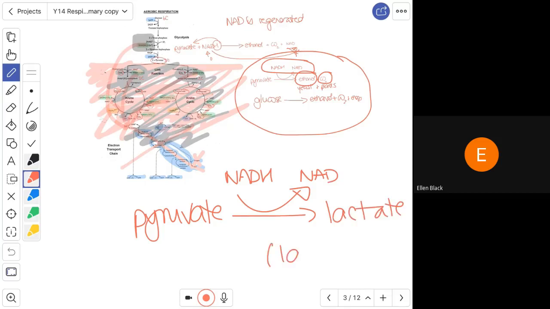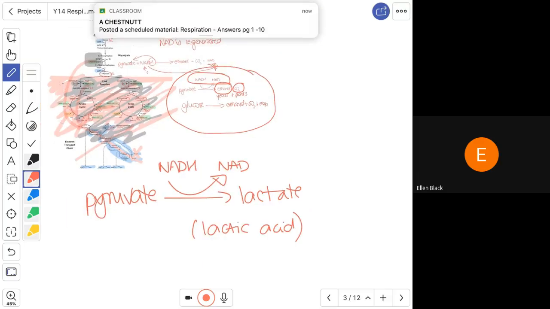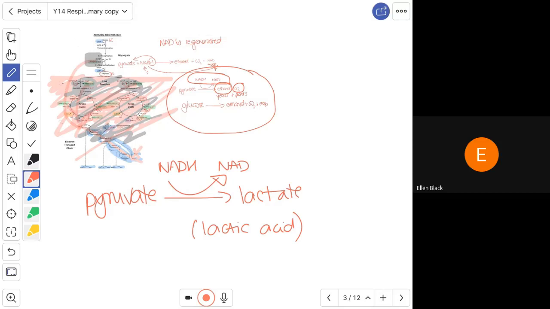Lactic acid is sort of the old-fashioned name. It's what I called it when I was at school. Proper term is lactate. There's no carbon dioxide in this case. And yeah, same as before, just 2 molecules of ATP. So that is anaerobic respiration.